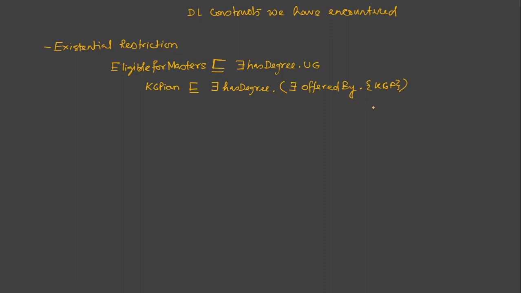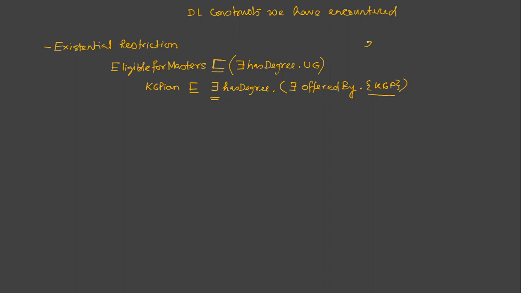So I'll discuss this kind of thing later, but let us focus on this existential quantifier at this point in time. We can make use of the existential quantifier to specify the kind of entities that will belong to this class. So this is a class expression, right?